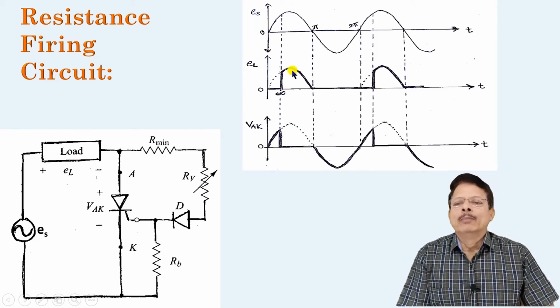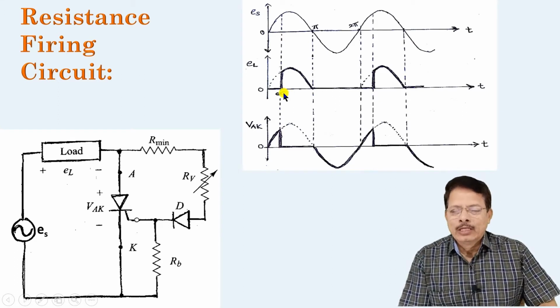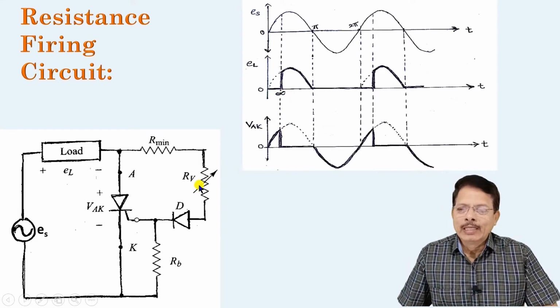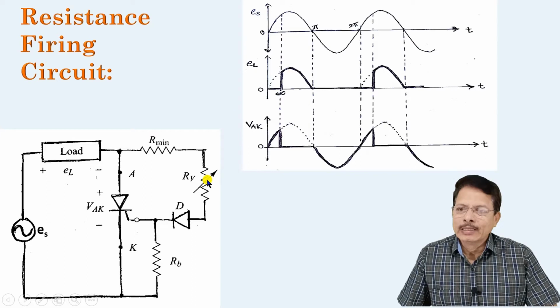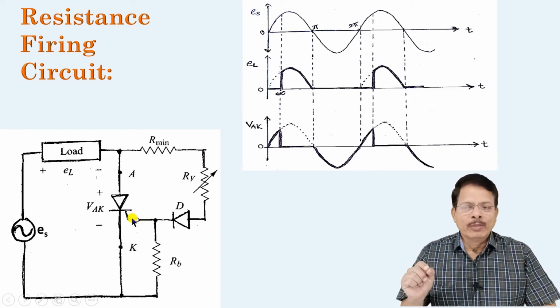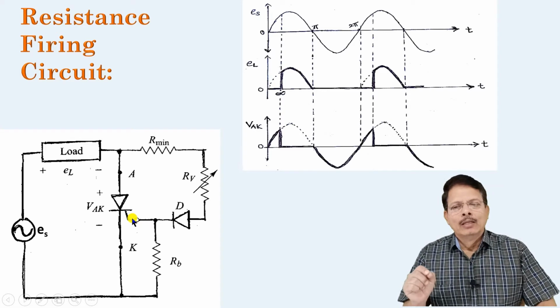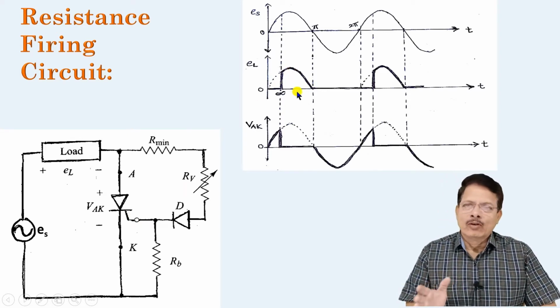But there is a major drawback of this circuit, which we have discussed: the firing angle can be delayed up to 90 degrees only, because by increasing this resistance, if beyond 90 degrees we are not getting the minimum gate current IG needed to fire the SCR, then there is no chance of getting it later, and therefore the SCR cannot be triggered.